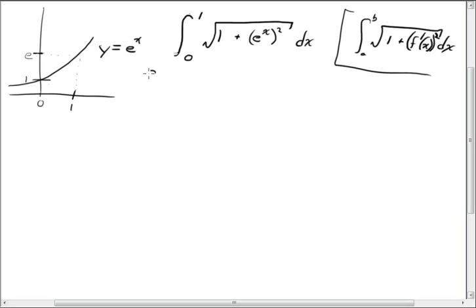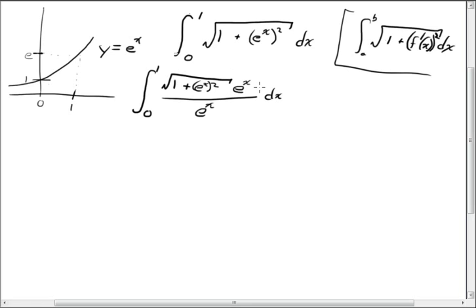But let's first multiply by e to the x over e to the x. So we get the square root of 1 plus e to the x squared, over e to the x, times e to the x dx.